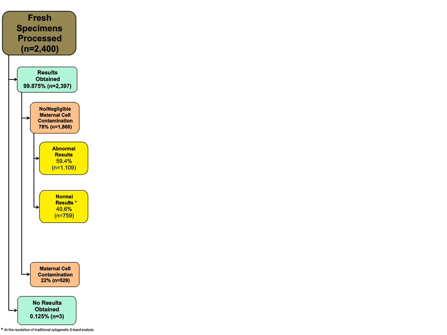And so maternal cell contamination does remain an issue. If you can identify it a priori, as was done by the SNP array, you really are doing a service to the patient by not giving a false result of a normal 46,XX in those types of cases. So you can identify those that are fetal, and if you focus on those, just under 60% of them showed an abnormal result. Normal results were seen in just over 40% of cases.